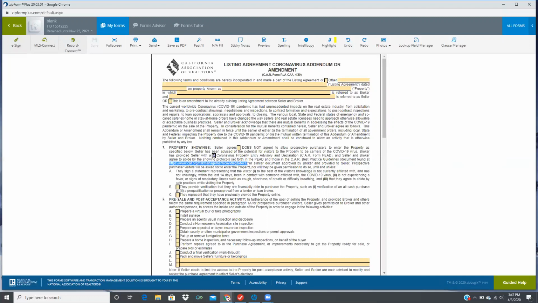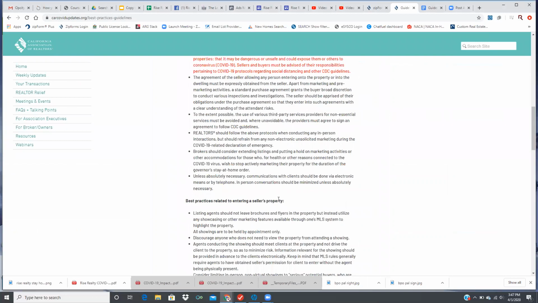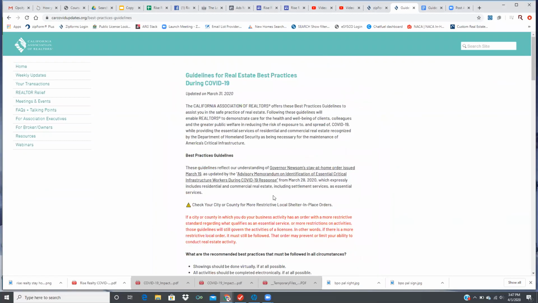So something that we can do here is you can go over to that link, which is here, and it spells out the guidelines. I think having the seller maybe acknowledge this, it's probably not a bad idea.